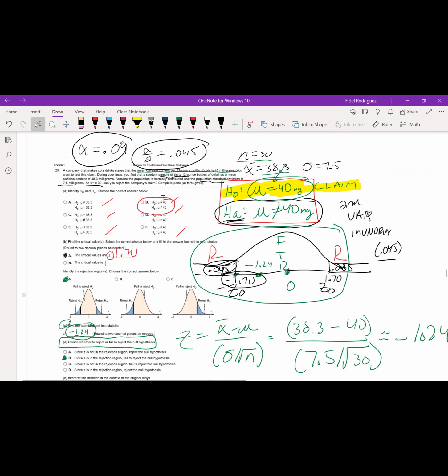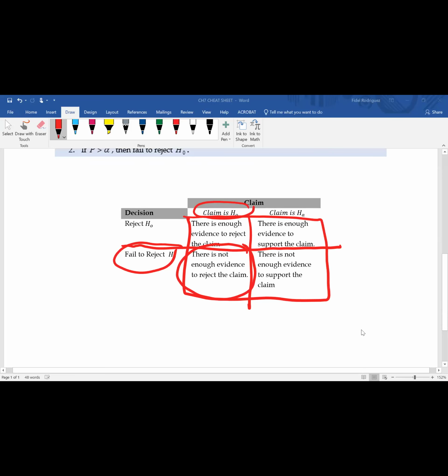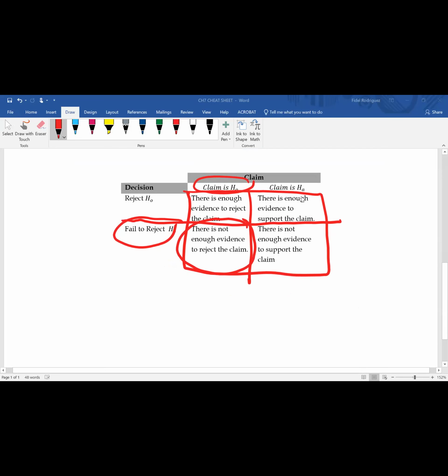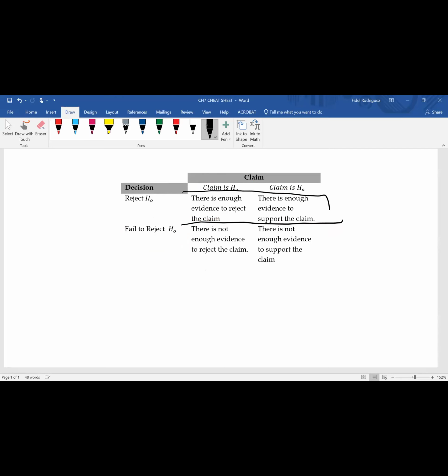And excuse me, I'm going to stop sharing this part right here, because I want to share one more time. I think I put it in the formula sheet, but if I didn't, I will resend it. This part right here to me is extremely helpful. Having this piece of information and knowing what I need to do when I know the claim, which is the claim and which is the null, and when I fail to reject or reject.